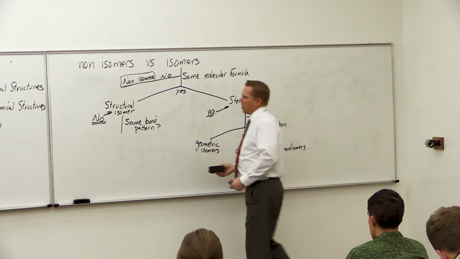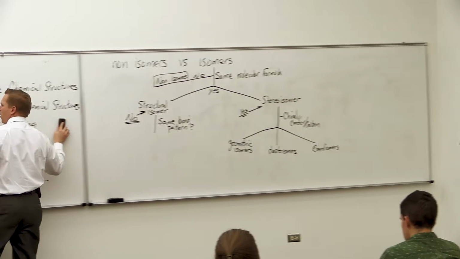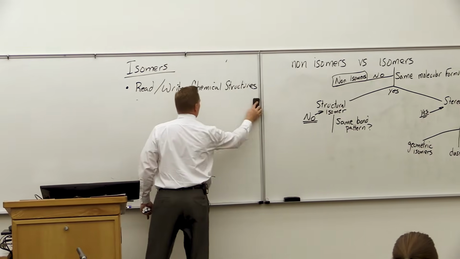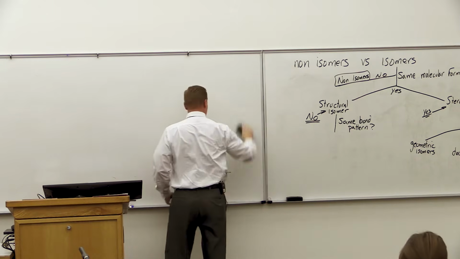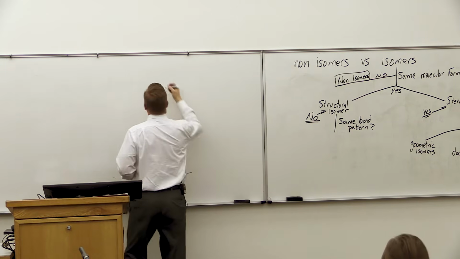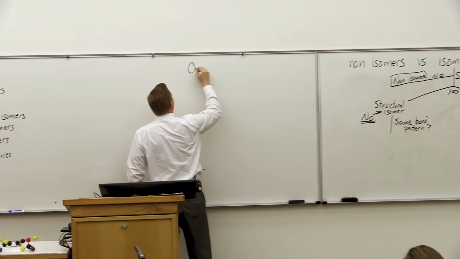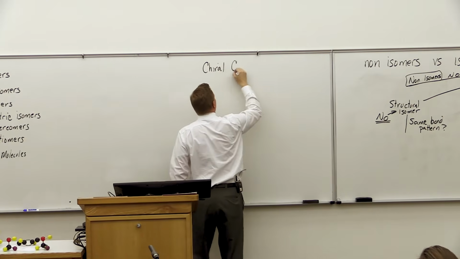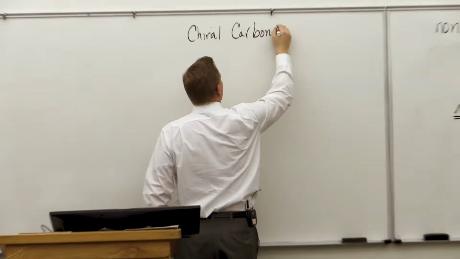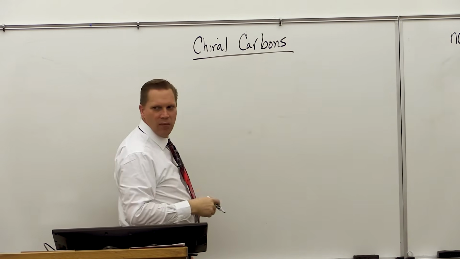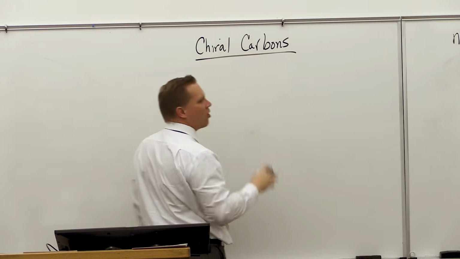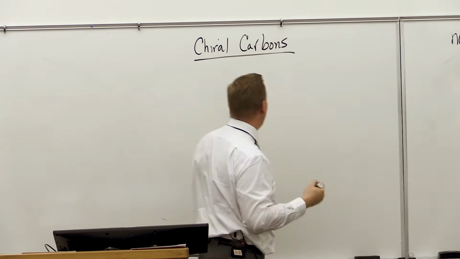And to understand a chiral carbon, let's come over here and talk for a moment about chiral carbons. And then we'll apply what we learned to determine geometric isomers, enantiomers, and diastereomers. Chiral carbons come in two different flavors.